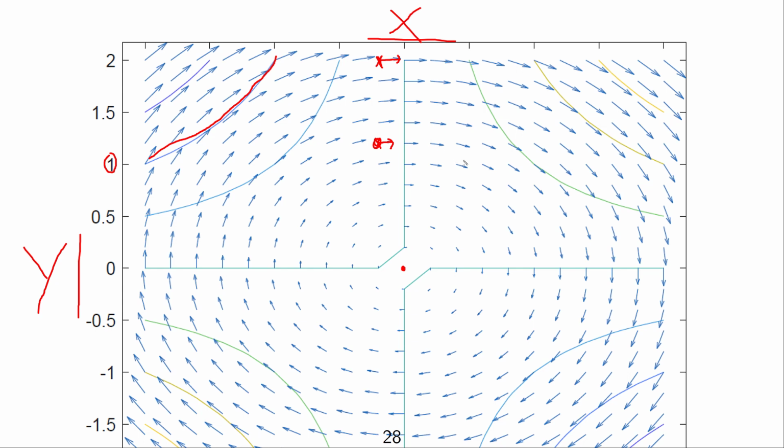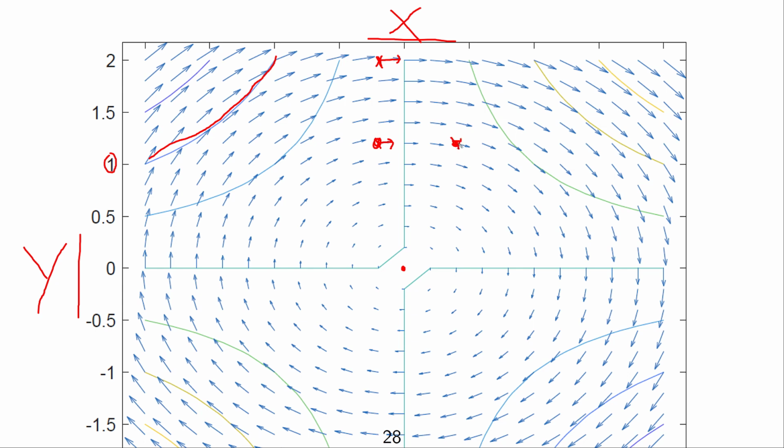Now, once we move over, let's say we are at some point here, then for the x player, nothing much has changed. They would still say that y is maybe a bit more than 1, so we still want to move quite a bit in the positive x direction. But the y player changed its mind direction-wise.